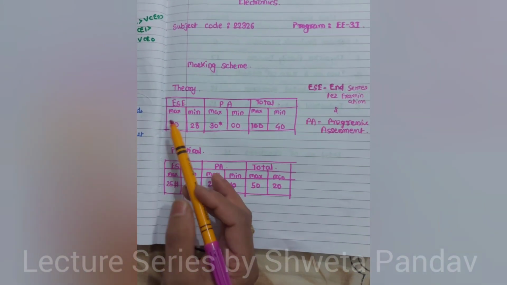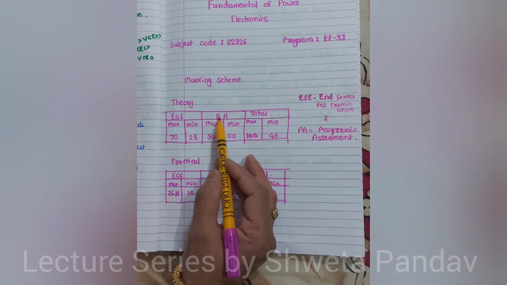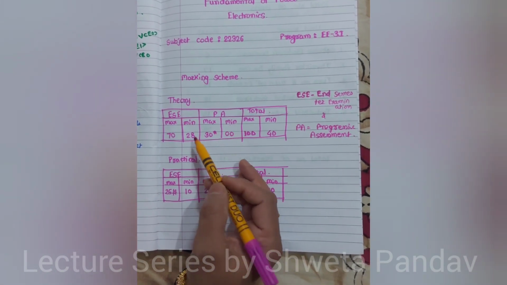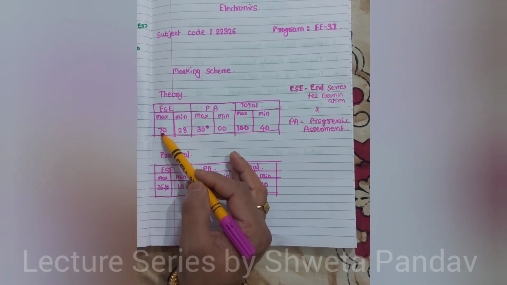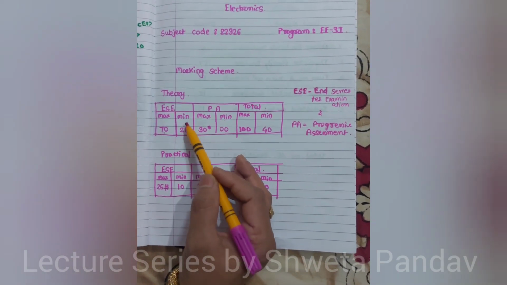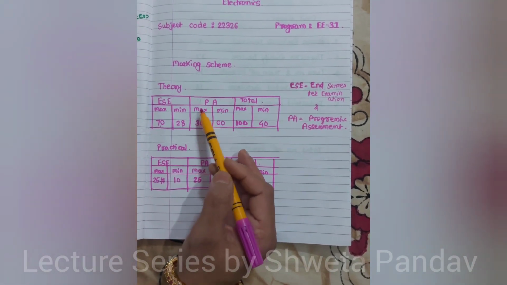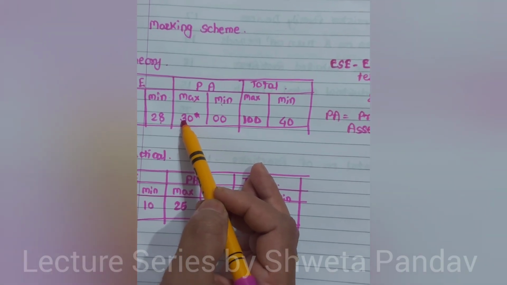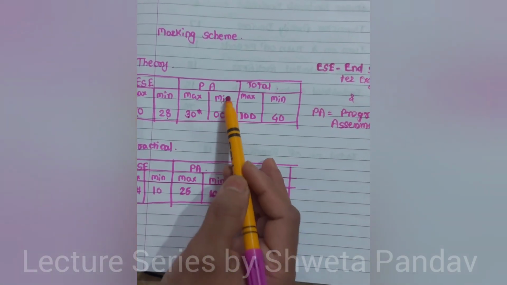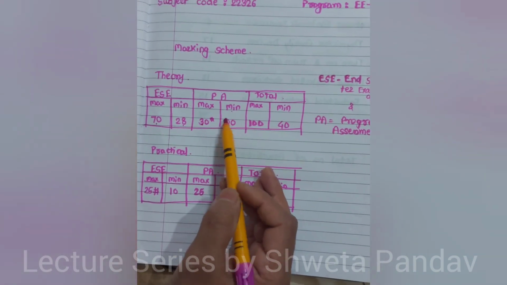The end semester examination and PA are each divided into maximum and minimum marks. For the end semester examination, the maximum is 70, and the minimum marks required to pass is 28. For the progressive assessment, the maximum is 30, and there is no requirement to clear a minimum.